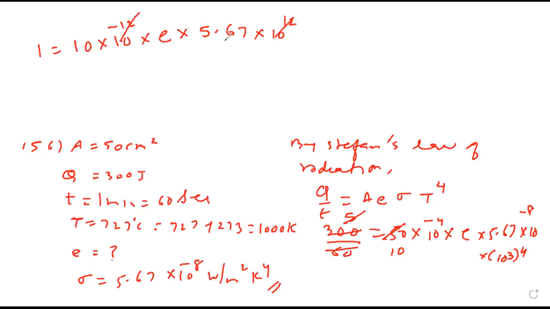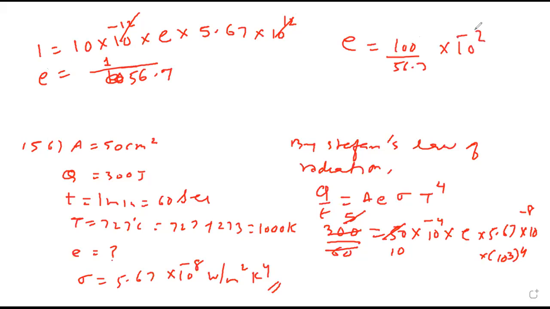This will get cancelled. Yes, sir. E will be 10 into 5.67, that means roughly 56.7. So I can write 100 upon 56.7 into 10 raised to minus, that means nearly 0.02. 0.018 is close to this. The answer is B.